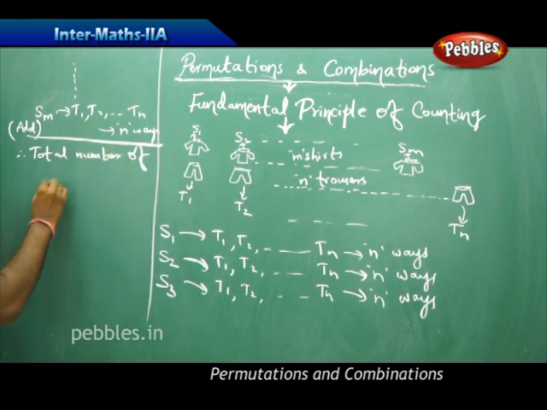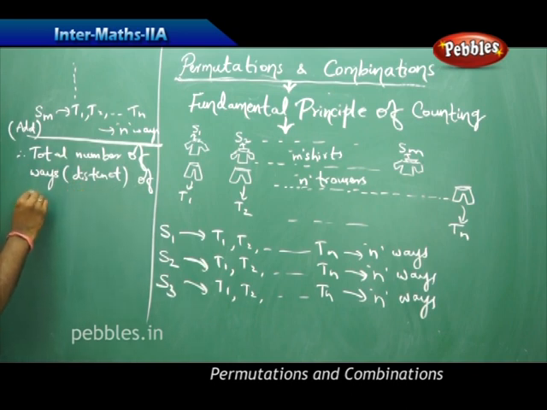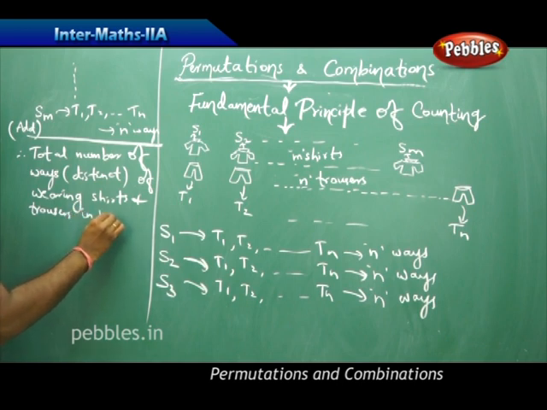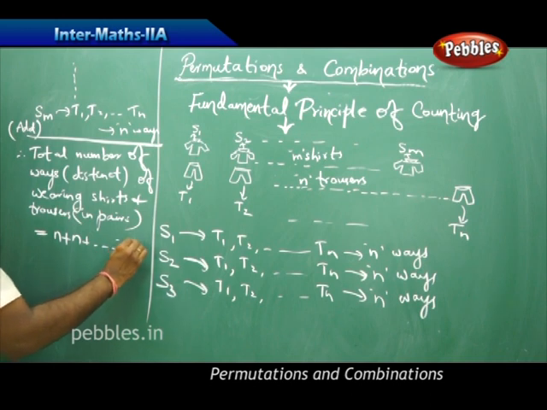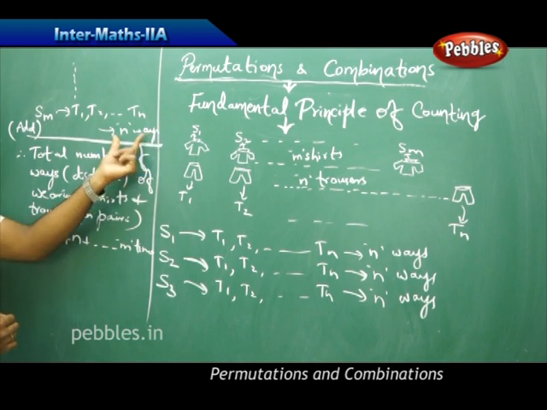Therefore, the total number of ways, each of them being distinct, of wearing shirts and trousers in pairs is N plus N, each N added till M times, because there are totally M shirts, each of which is combined with N trousers in N ways.